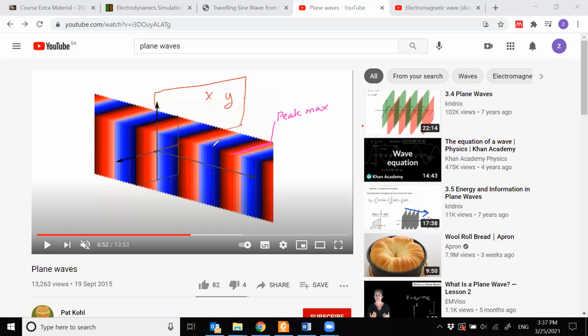And for the blue one, let me assume this as the peak minimum. So it is something like this. So this point and then this point, it's negative. This point, this point, this point. Each point is a plane.